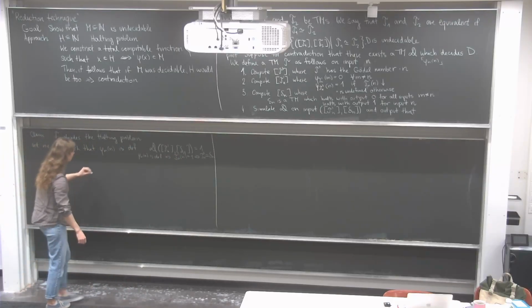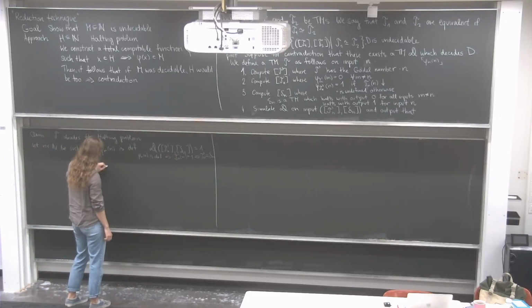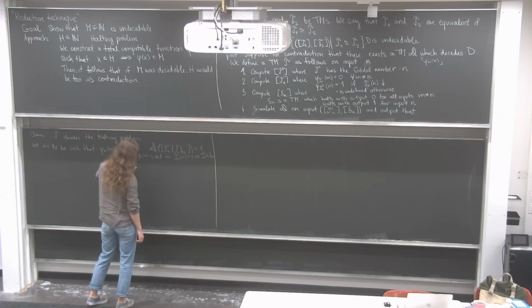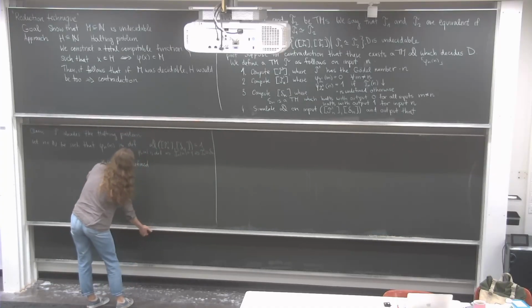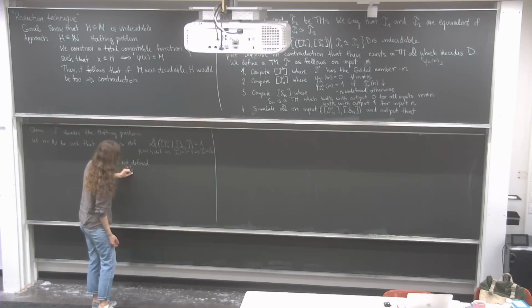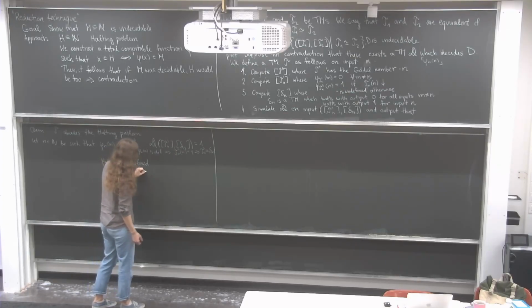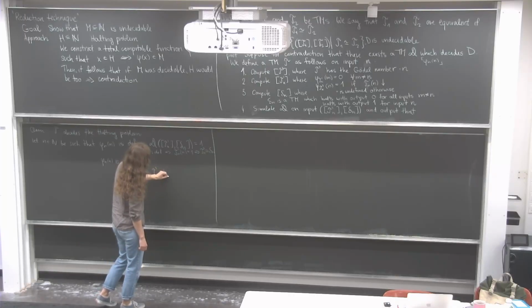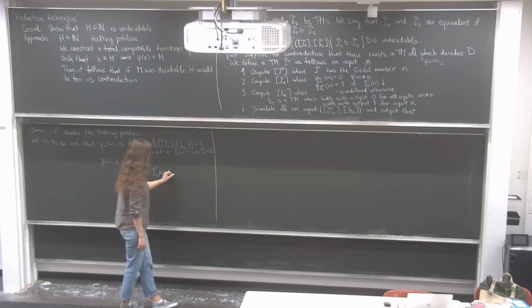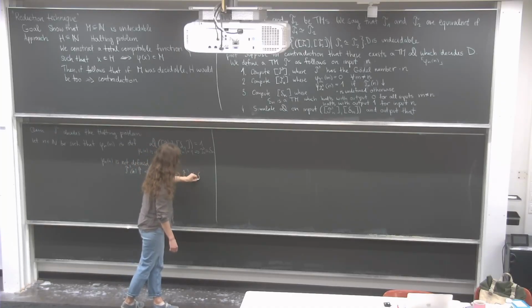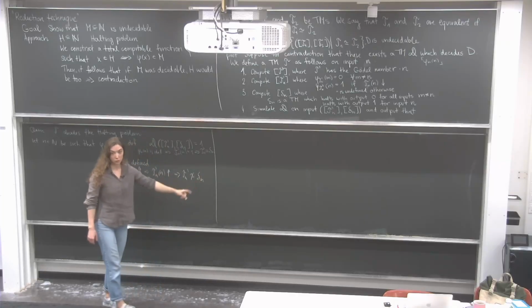And what if phi n of n is not defined? Then the Turing machine T prime on the input n diverges, which means that T_n prime on input n also diverges, which means that T_n prime is not equivalent to delta n, because this function is total.